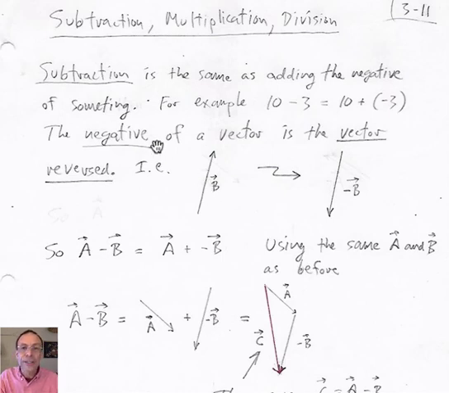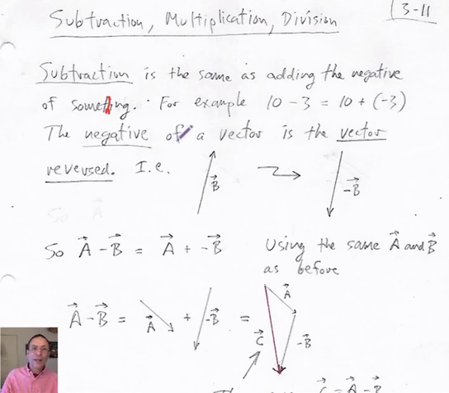So, subtraction is the same thing as adding the negative of something. For example, 10 minus 3 is the same thing as 10 plus negative 3.